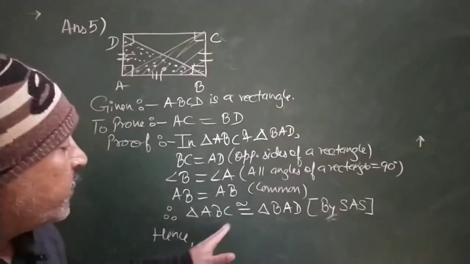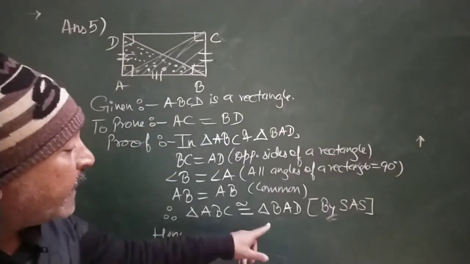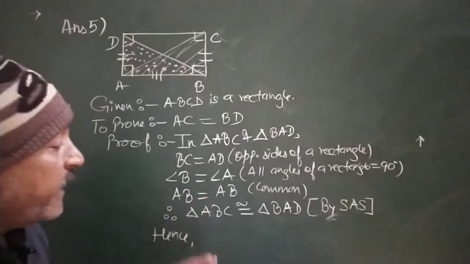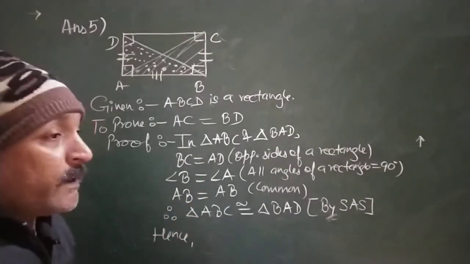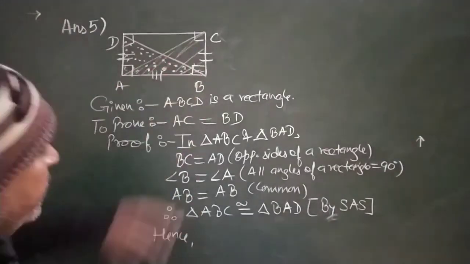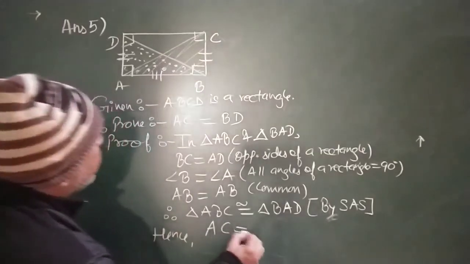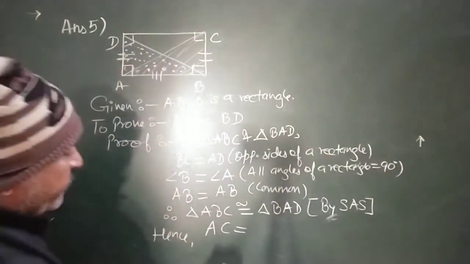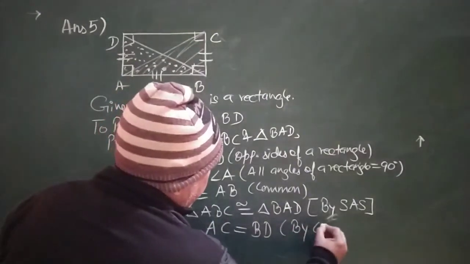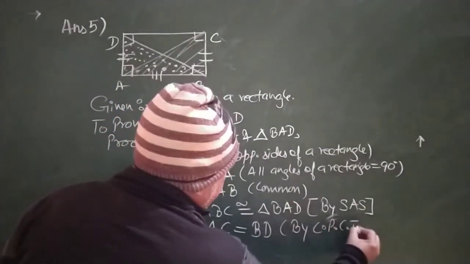Since both these triangles are congruent, all the remaining angles and sides are equal, corresponding. So from triangle ABC we can take AC, and from triangle BAD we can take BD. They will be equal to each other by CPCT.